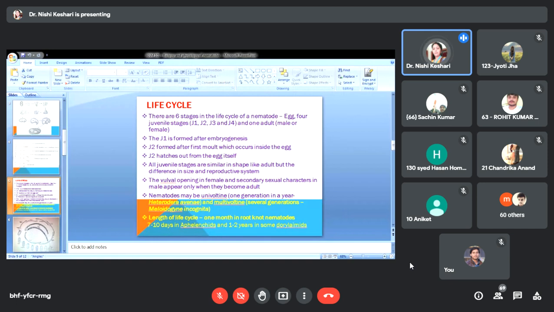But the fungal feeders take very less time, like 1 week to 10 days to complete their life cycle. That's why when you grow them in a test tube filled with fungus, they will multiply very fast. So within 10 days, they feed on all the mycelium. And the Dorylaimida group, these all have very large nematodes and they take almost 1 to 2 years to complete their life cycle.